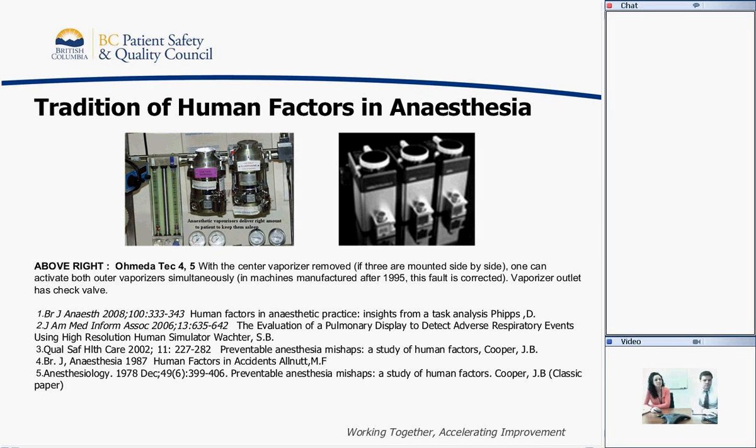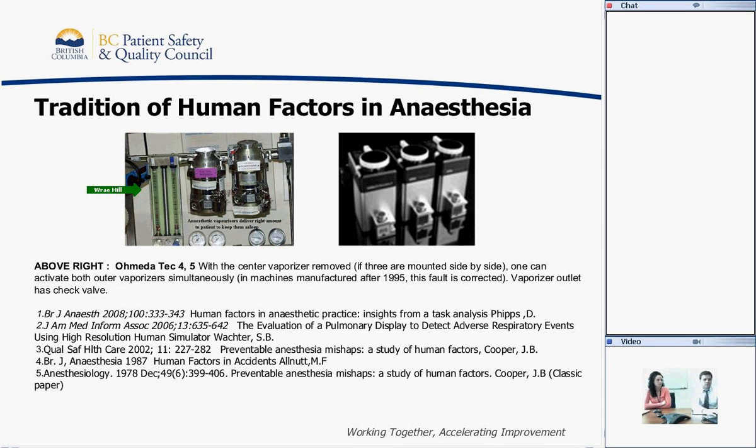The slide on the left is, I'm going to see if I can use this pointer here. There we go. Okay, there we go. So the slide on the left is an older anesthesia gas machine where it is possible to turn on two vaporizers for two different volatile anesthetics at the same time.